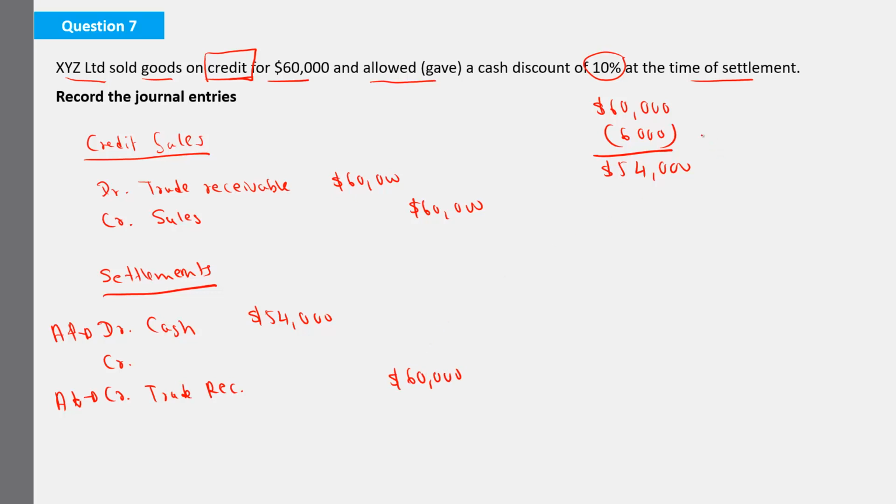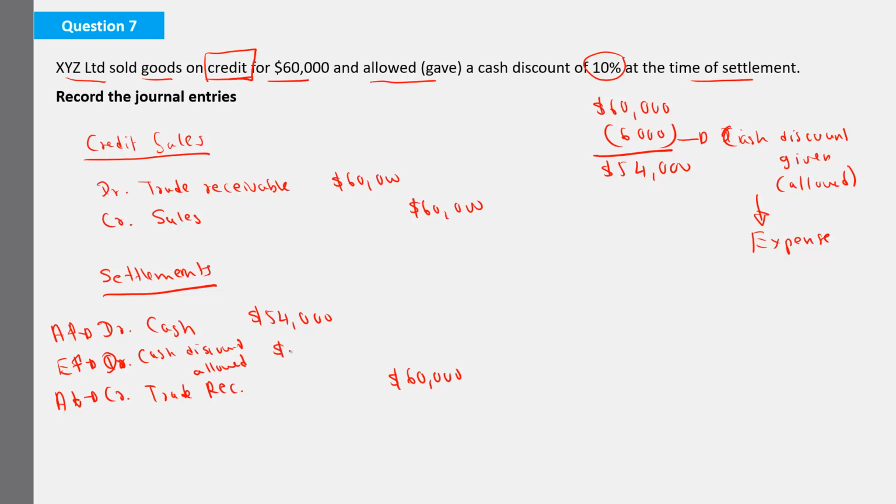Okay. And what you have to understand, whatever the discount or the cash discount given, or we'll call it cash discount allowed, we will consider as an expense. So here expense is increasing. What expense is increasing? Your cash discount allowed expense is increasing by $6,000.